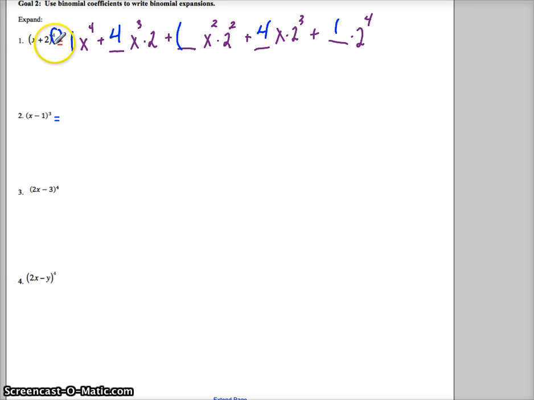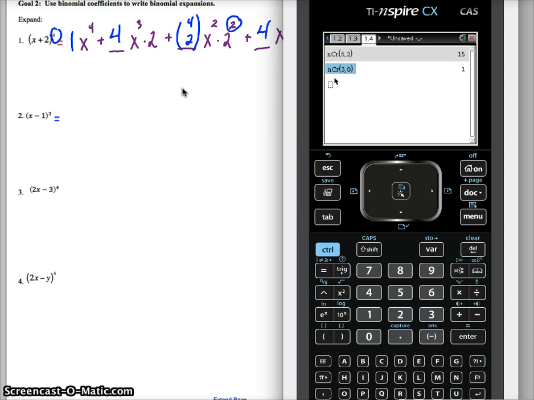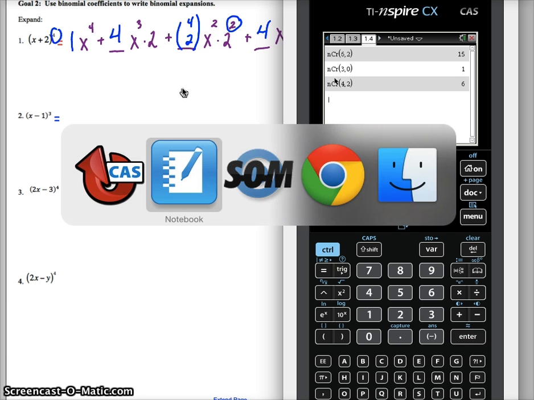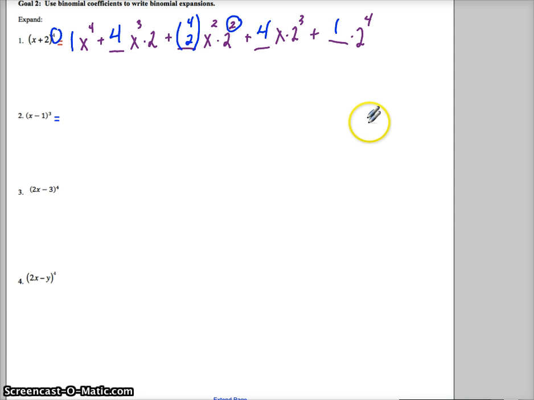We know that n is 4, and we know that r always matches the power of the second term, so 4 above 2. So take a moment on your calculators and calculate 4 above 2. And that gives me a coefficient of 6. So this coefficient is 6.